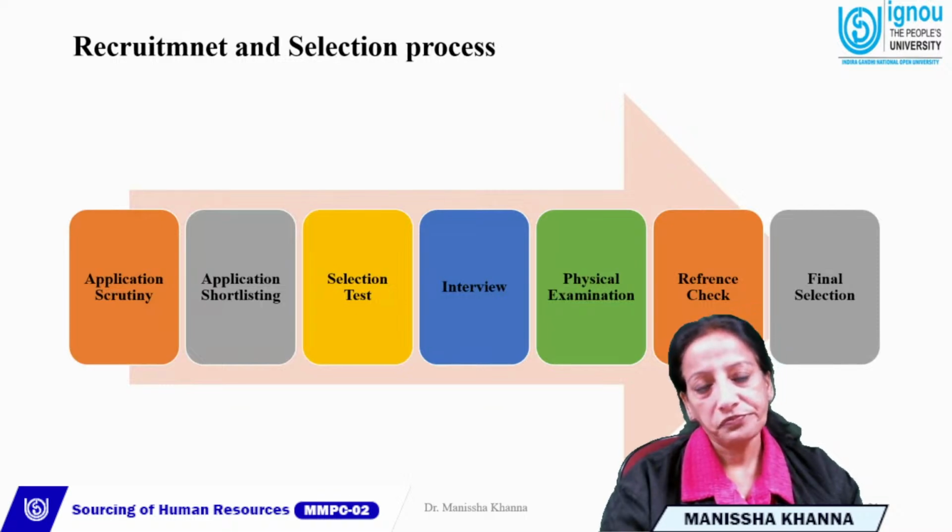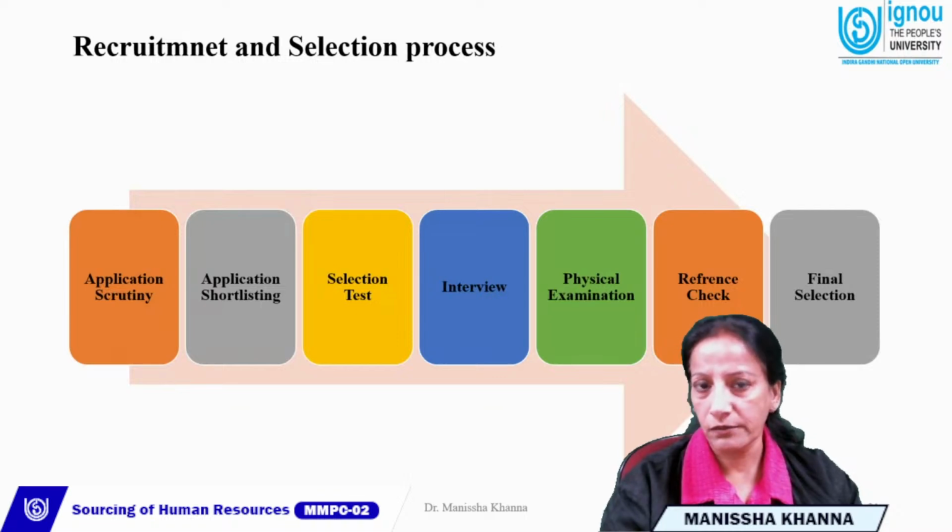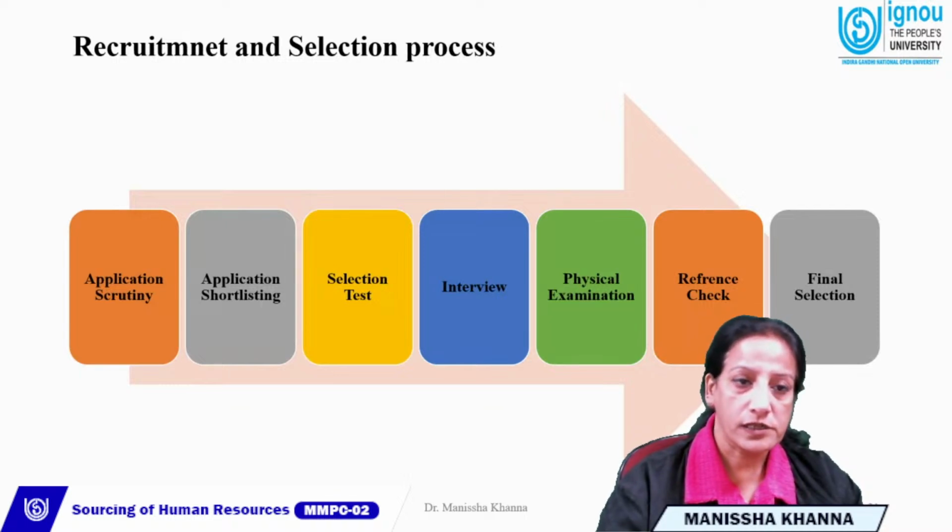Then the selection test, the shortlisted candidates need to pass the selection test, then the interview, which can be virtual or physical. Then physical examination, which is mainly a medical examination. Then is reference check, and then is final selection.